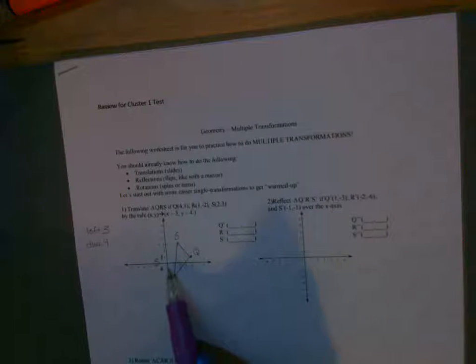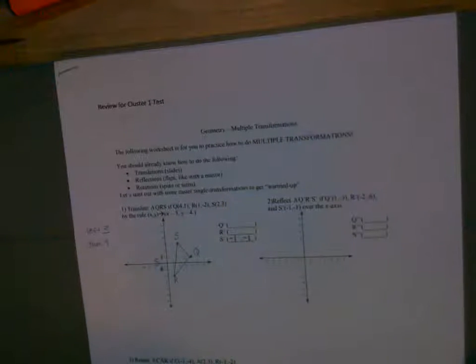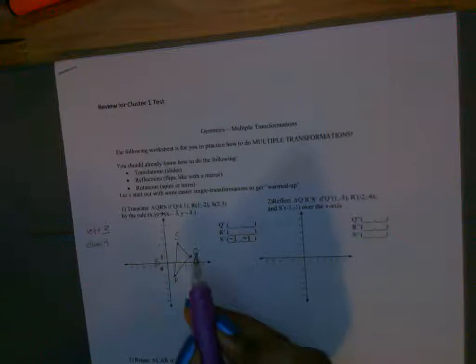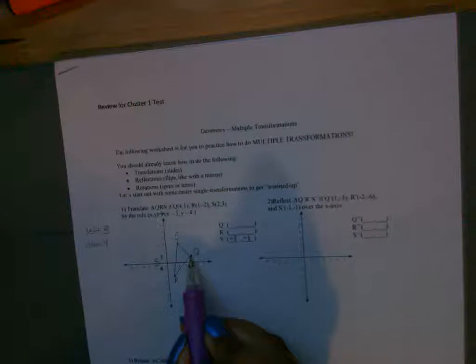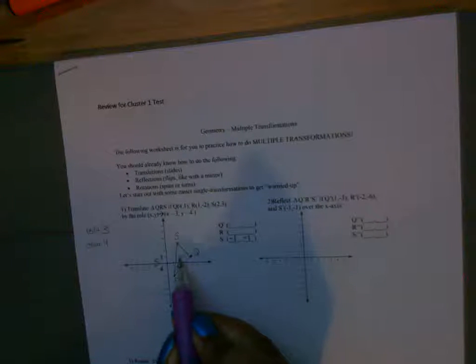The ordered pair for S is -1, -1, because it's left 1, down 1. So this is S, -1 and -1. Q, I'm going to do the same thing for Q. I'm going to go to the left, 1, 2, 3, and I'm going to go down 1, 2, 3, 4.